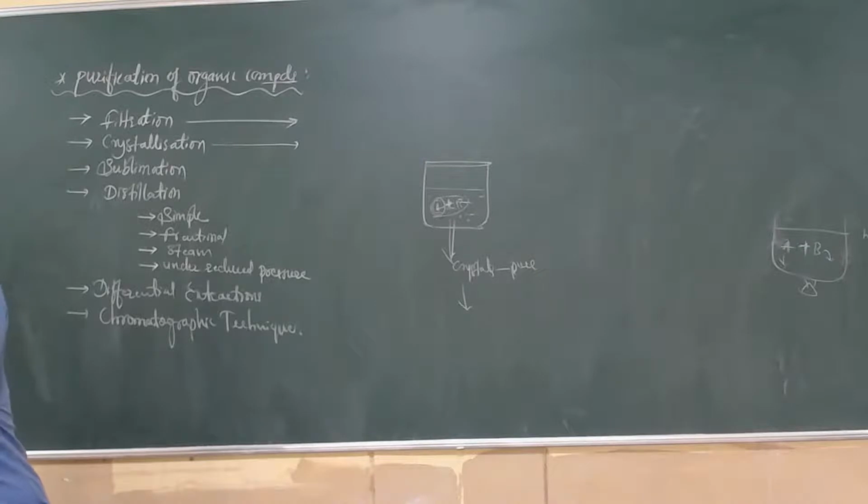Number one, choice of solvent. In bracket you can write, it should not react chemically. That is, it should be inert, meaning it should not react chemically.